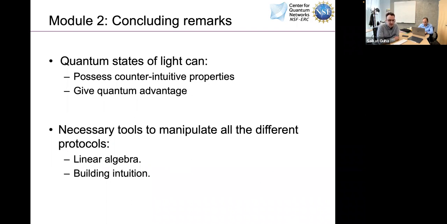All of this is to say that quantum states of light are something that we can describe very efficiently.